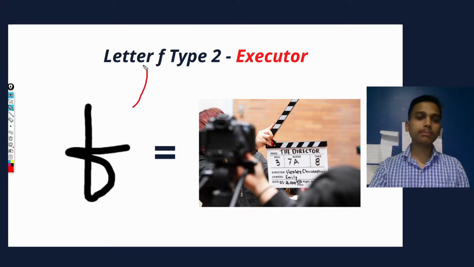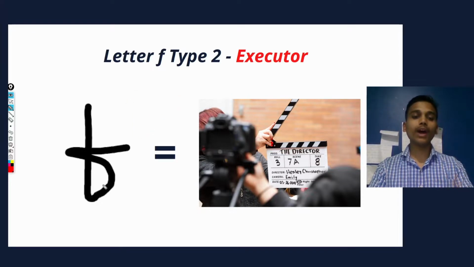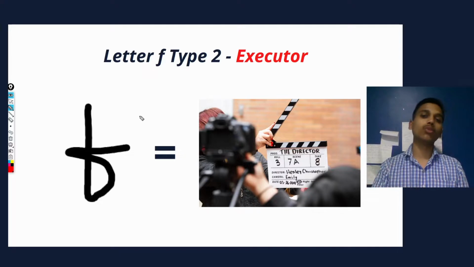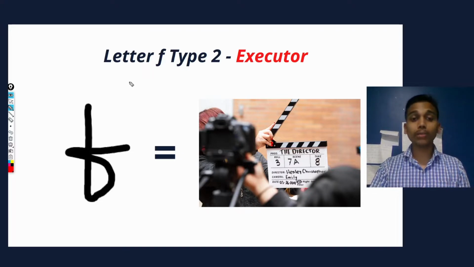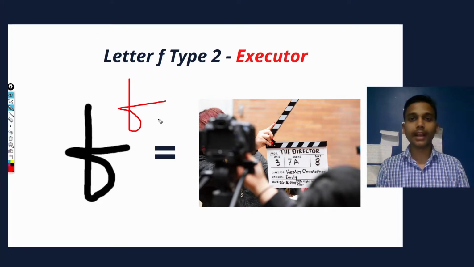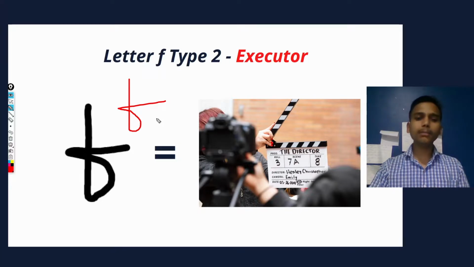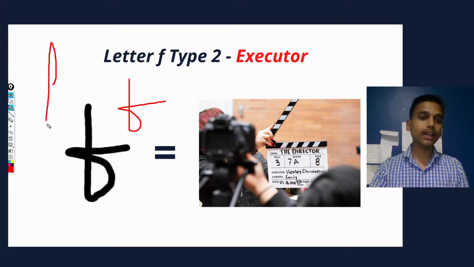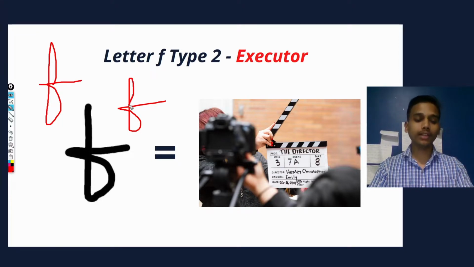So ideally it's better to have an upper loop as well along with the lower loop. If you have this type of F, then you are someone who is an executor. Normally you will see these people in leadership positions, as execution of things is required. Managers are normally organized in nature, so they have both loops; you will find that there as well, depending on which field the manager is working in.